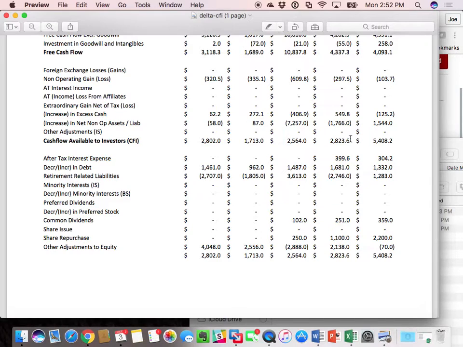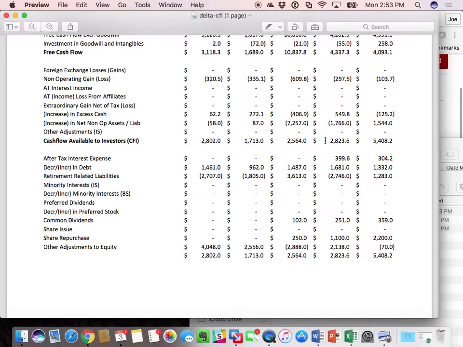Now, what is the change to the CFI? It doesn't change. If you move these two rows, move $1 billion here to $1 billion there, this number does not change. Your CFI does not change, and if your CFI doesn't change, your enterprise value doesn't change.